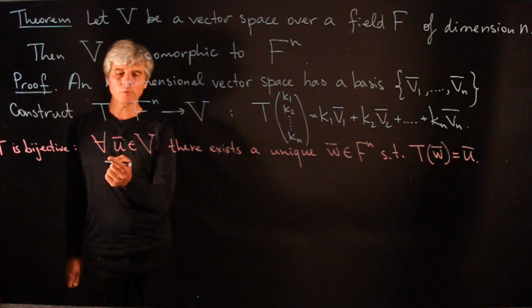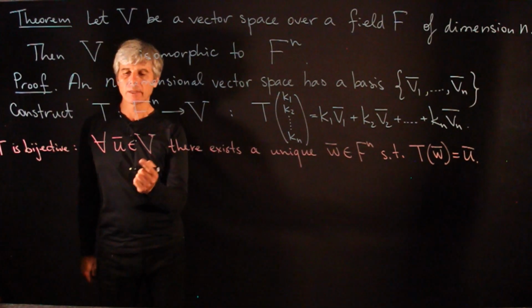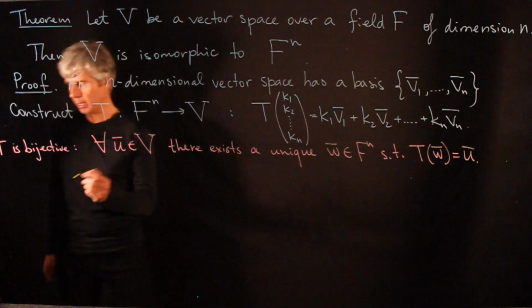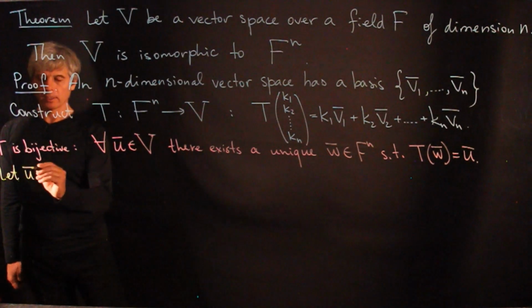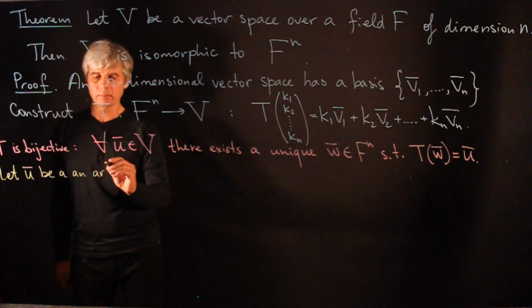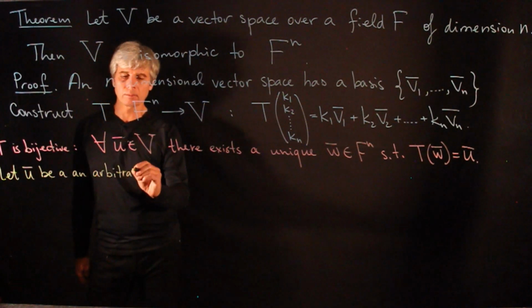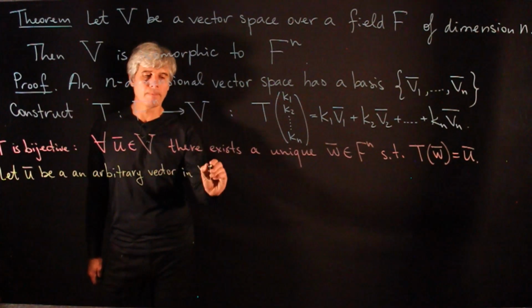If we want to prove that some property holds for every vector in V, then we do the following mental trick. We say, let u be an arbitrary vector in V.